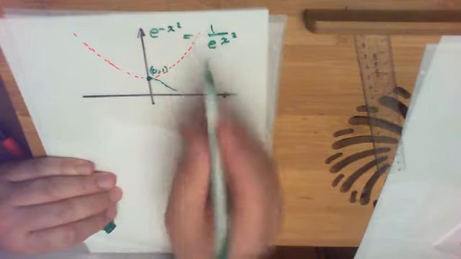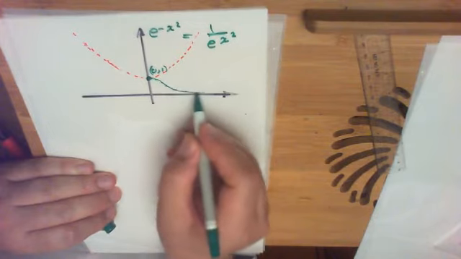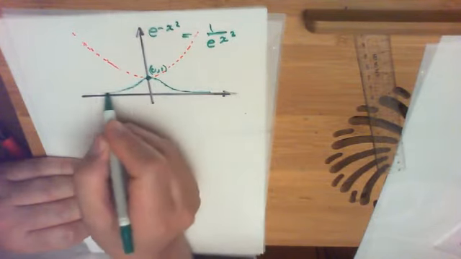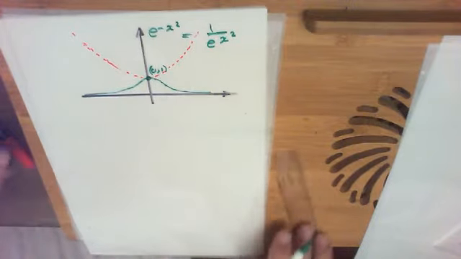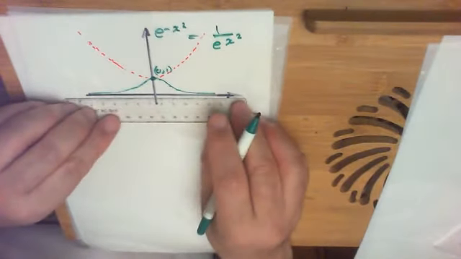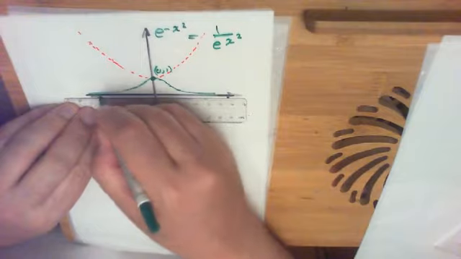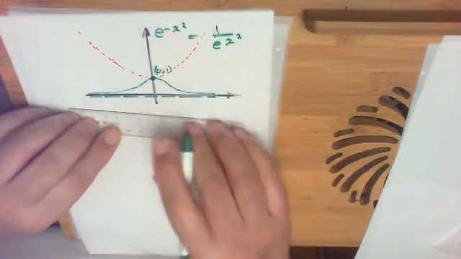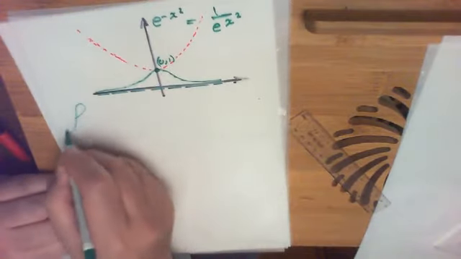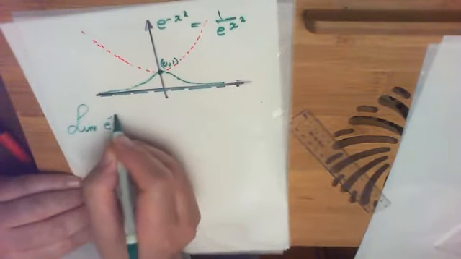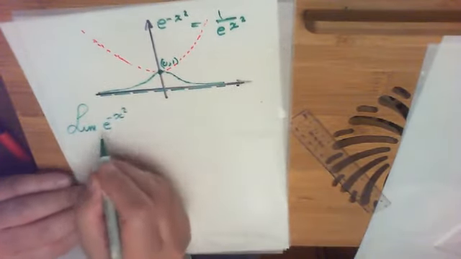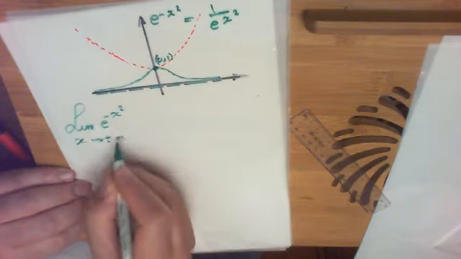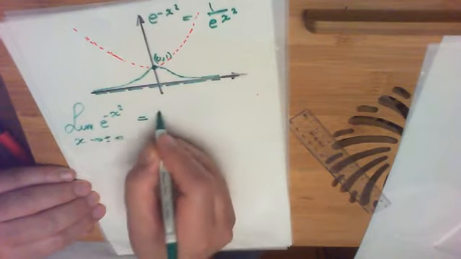This increases, its reciprocal decreases. As this goes to infinity, this goes to 0. Also the same in the other side. That means the x-axis is a horizontal asymptote. Why? Very simple. As x approaches plus or minus infinity, e to minus x squared approaches 0.